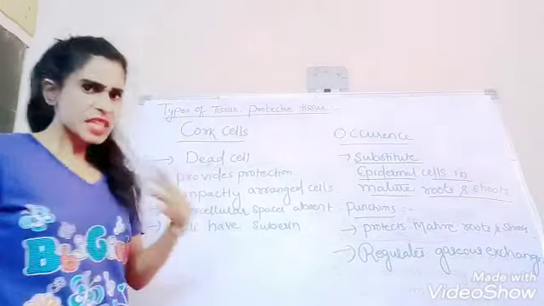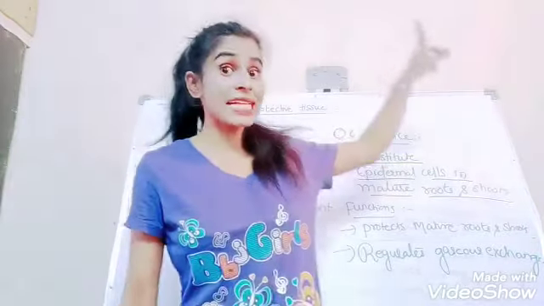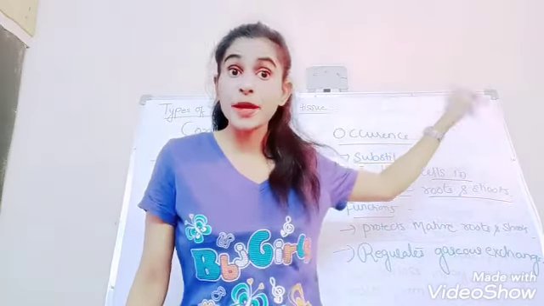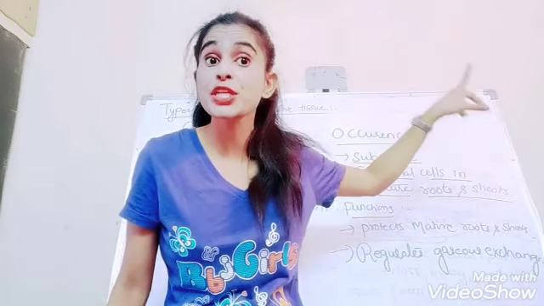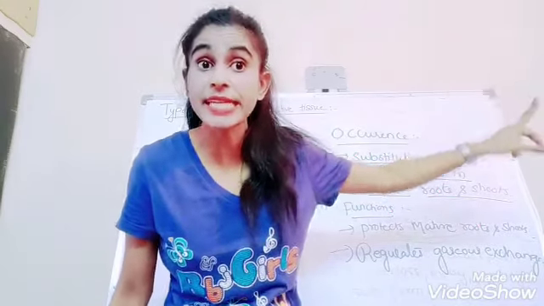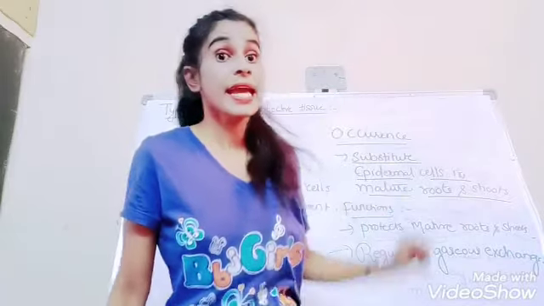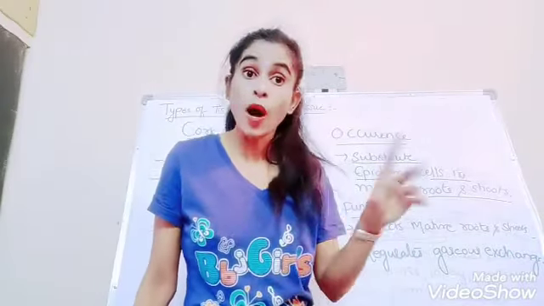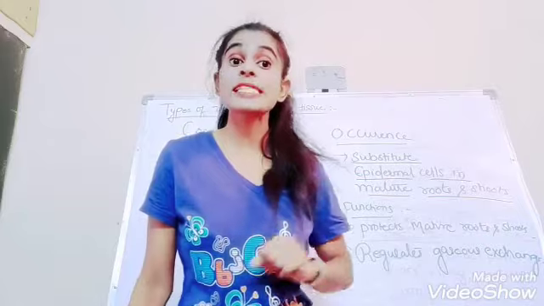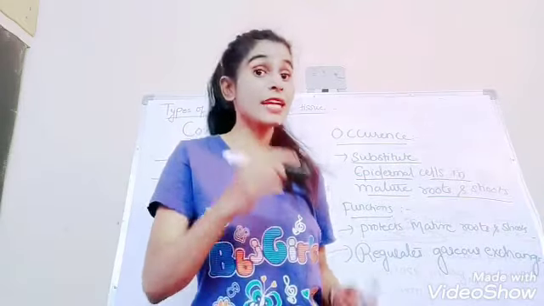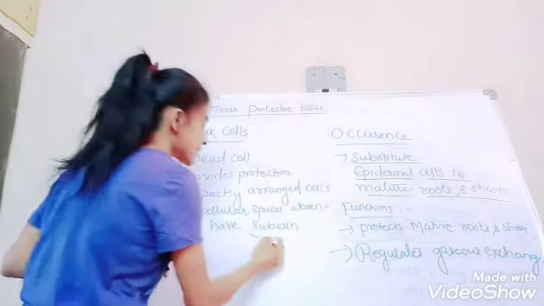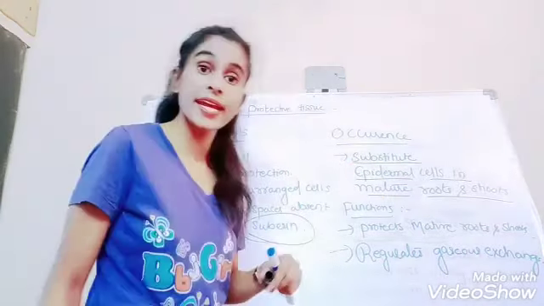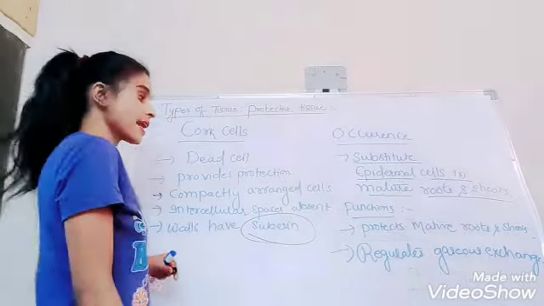Just as the epidermal cells produce a waxy substance called cutin, which forms a layer called cuticle, here also the walls of the cell produce a waxy substance. That waxy substance is called suberin, S-U-B-E-R-I-N.